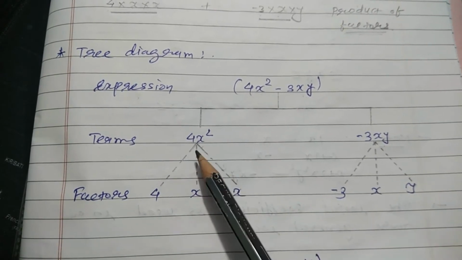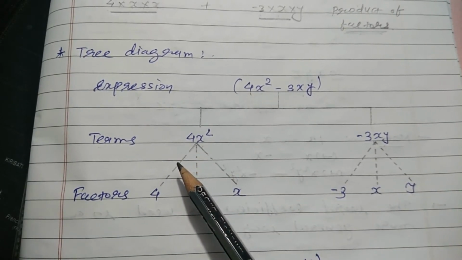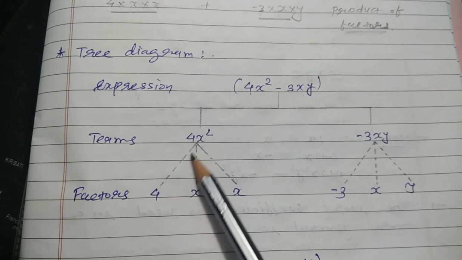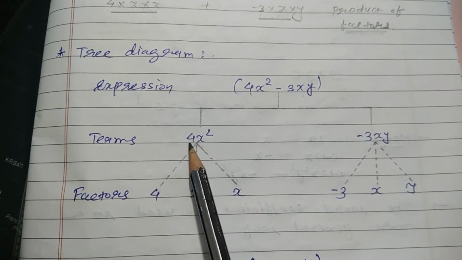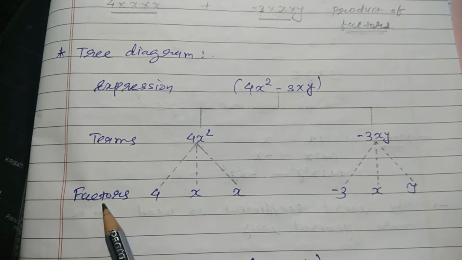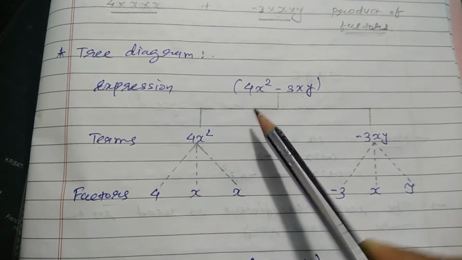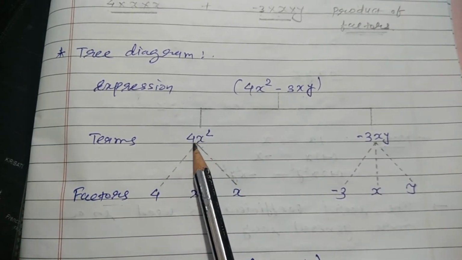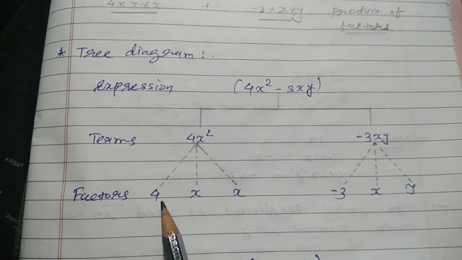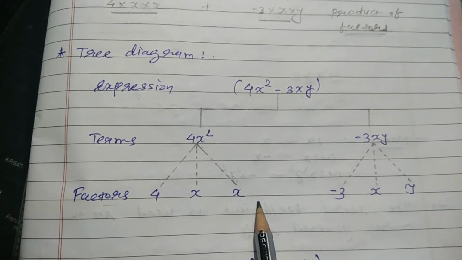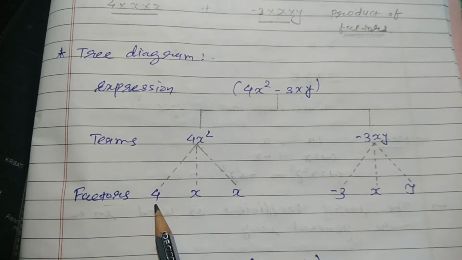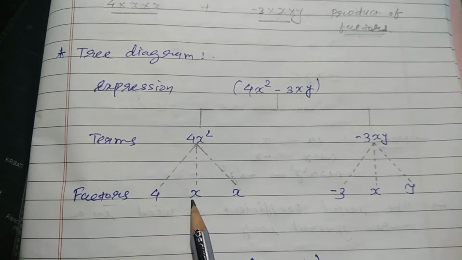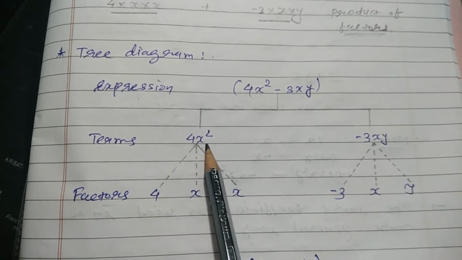Afterwards we have to use dotted lines. Here we will write the factors of the term. As we have seen earlier, this 4x square has three factors, 4, x and x. Again 4 is a constant and this x is a variable which is multiplied 2 times, so we get x square.